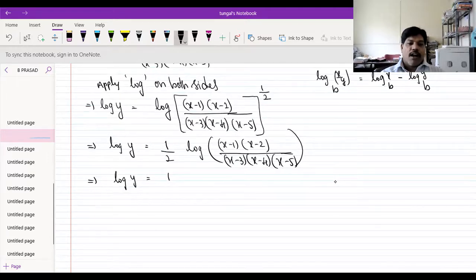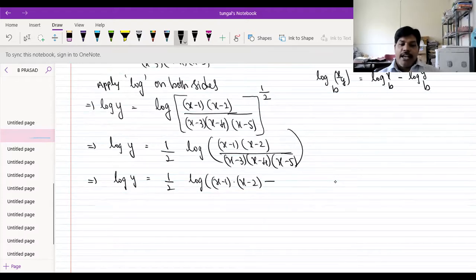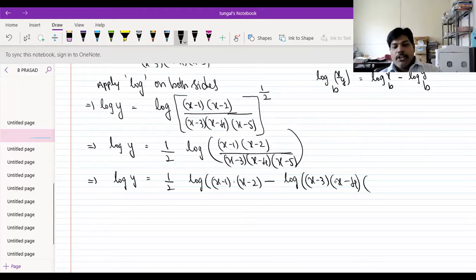So log y is equal to 1 by 2 into, log of (x minus 1)(x minus 2) minus log of (x minus 3)(x minus 4)(x minus 5).